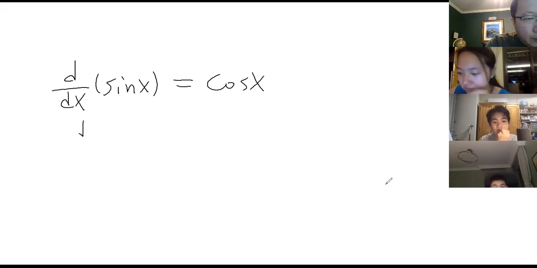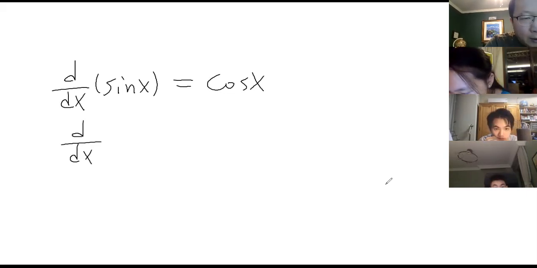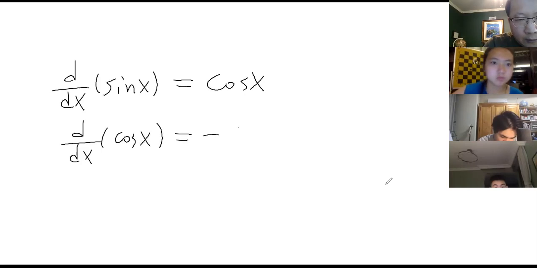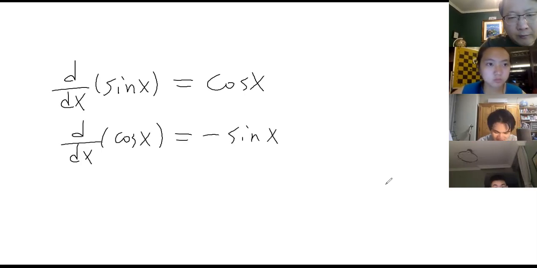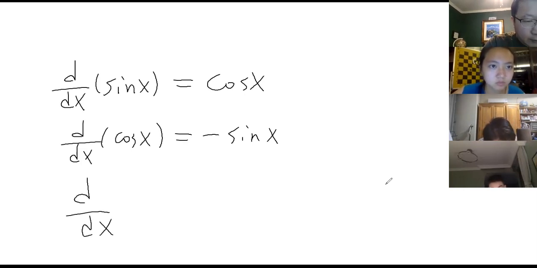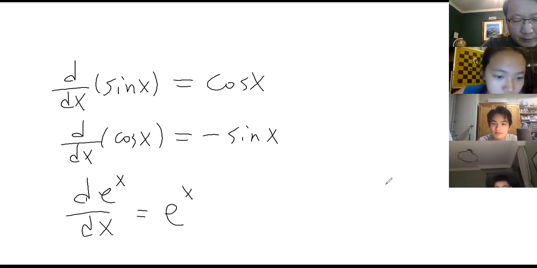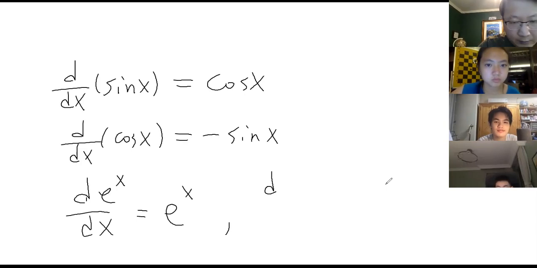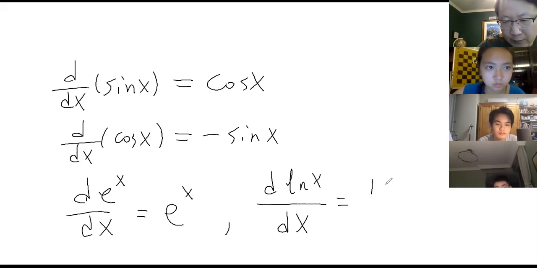And with similar deduction, the derivative of cosine x is minus sine x. The derivative of e^x is actually the same, and the derivative of the log function is 1 over x.